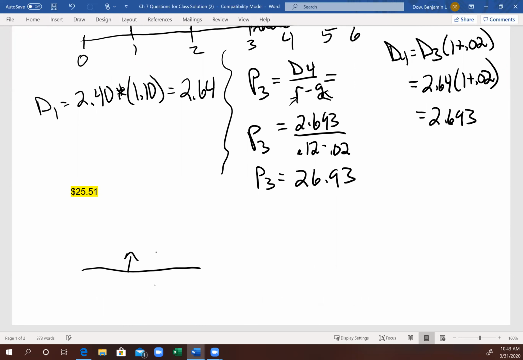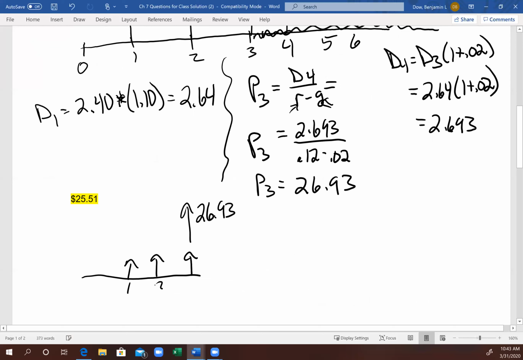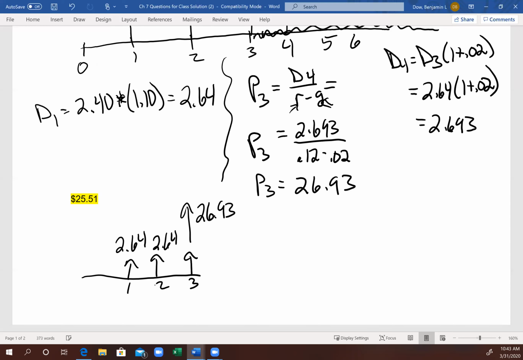Now we have to go back and find the intrinsic value, because you found the selling price at year 3, but we still have to find the valuation today. Okay.